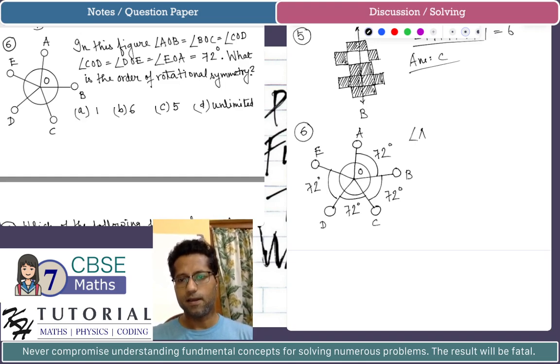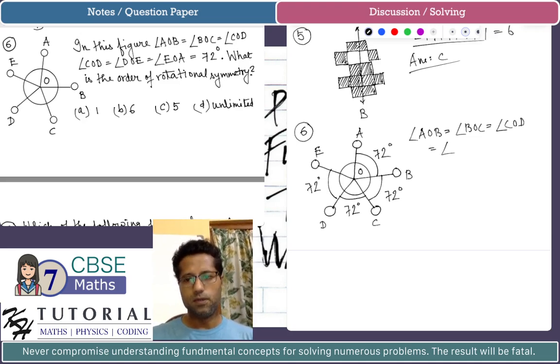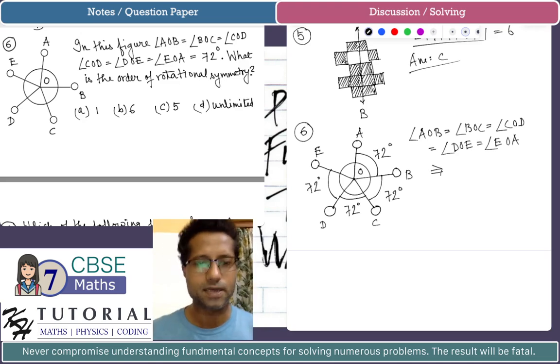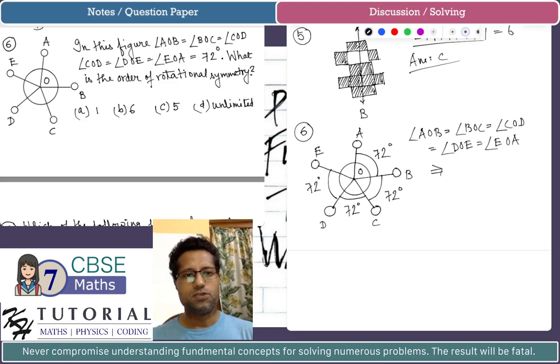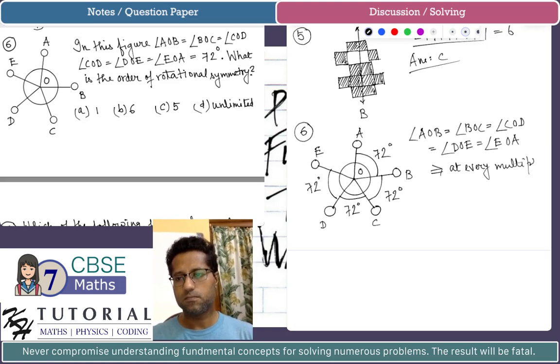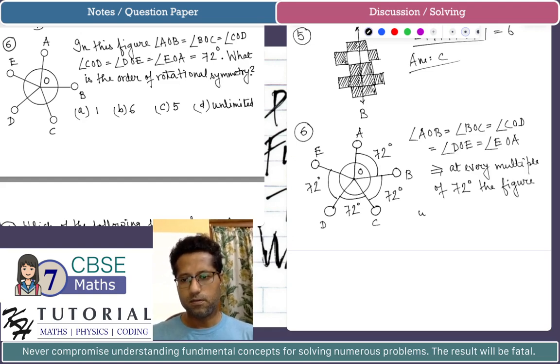The fact that angle AOB is equal to angle BOC is equal to COD is equal to DOE is equal to EOA implies that at every multiple of 72 degrees, the figure will look identical. You need to appreciate this thing.